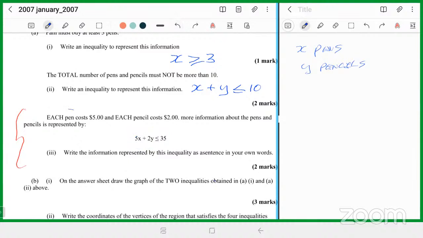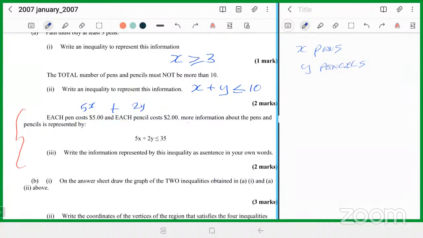Remember what they say now. Each pen is $5, so you're spending $5 on the pen by buying X pens. Plus, each pencil is $2, and you're buying Y pencils, so you're spending $2Y on the pencils. So this is the amount of money that you're spending: 5X plus 2Y.